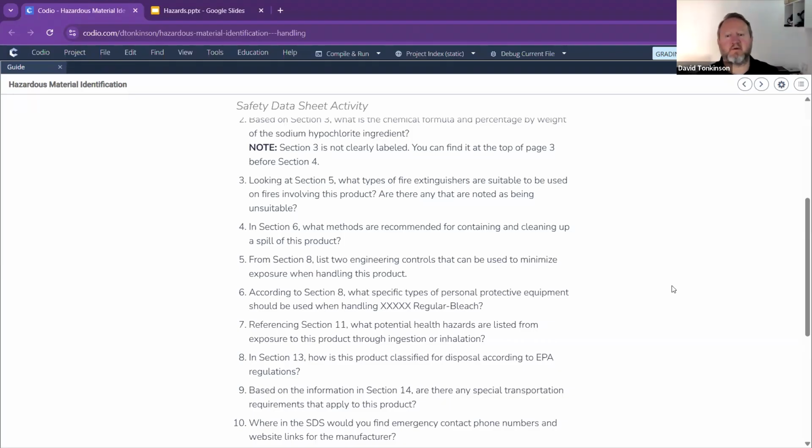Because remember, the first thing we've got to do is contain any leakage to make sure it doesn't go any further and prevent any further spills. This could be a gas, could be a liquid, could be something like that. So we've got to consider that first. That's our priority. And then the cleanup is sort of the aftermath. So the aftermath here says absorb and containerize, then wash residue down the sanitary sewer.